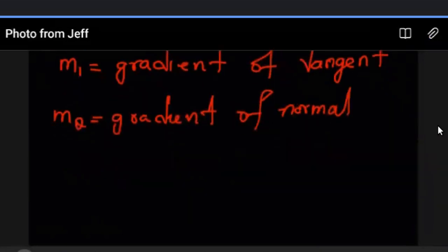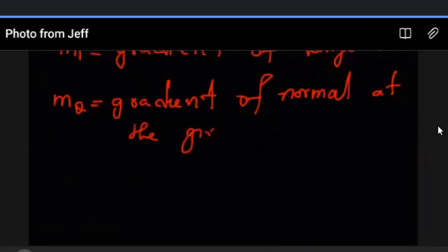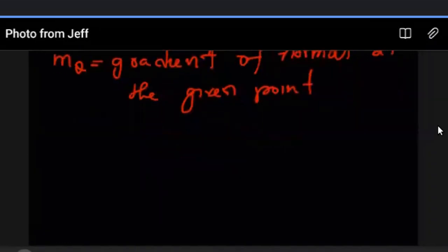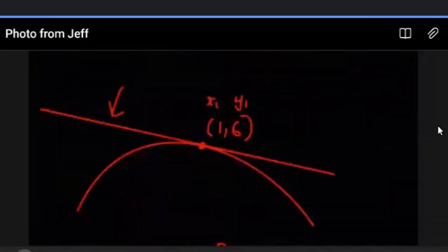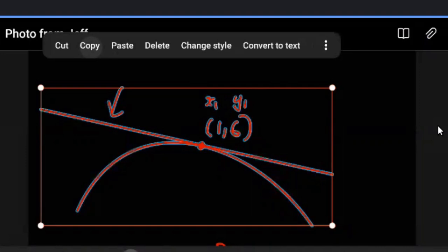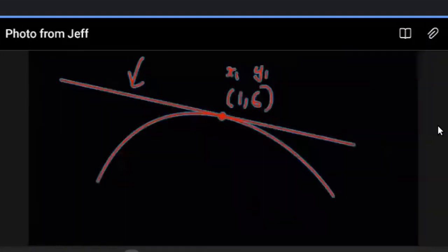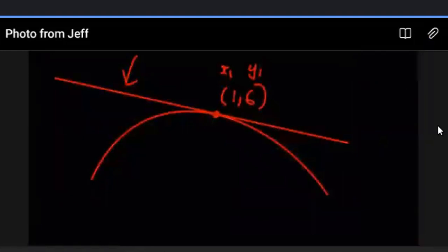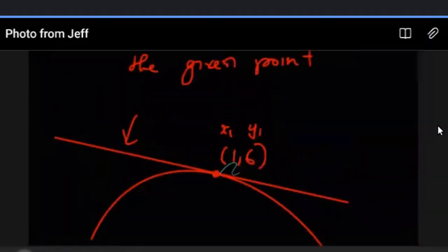Now, this normal is at the given point. What you have to understand is that if we get this curve here and use this as our example for the normals, since we're now looking at the normal at this point, it will have to be a perpendicular line to the tangent.